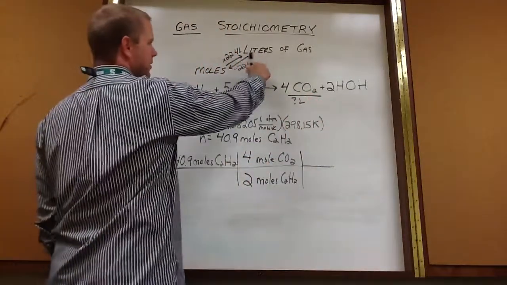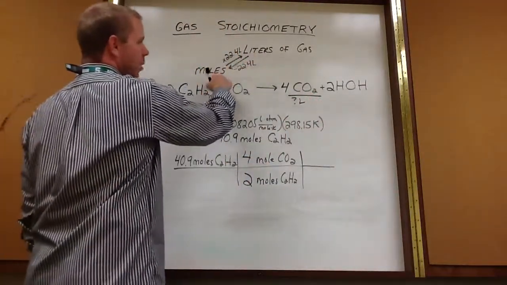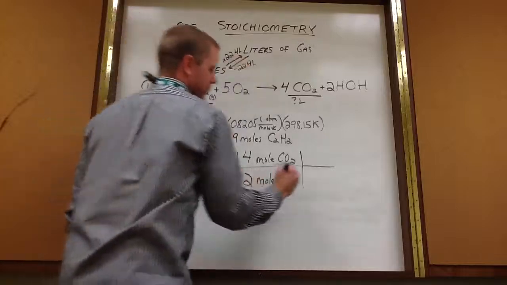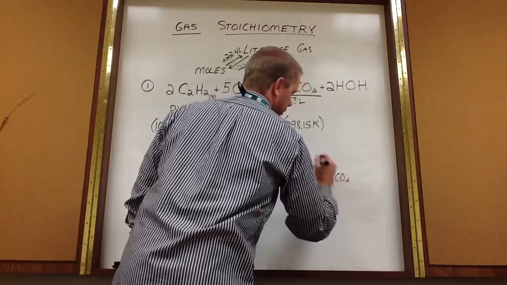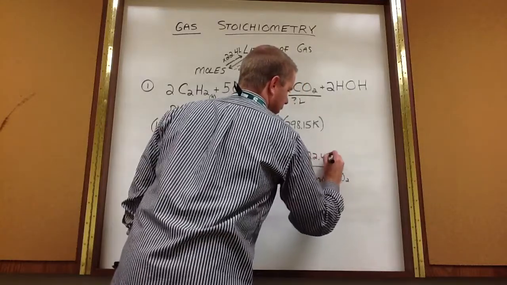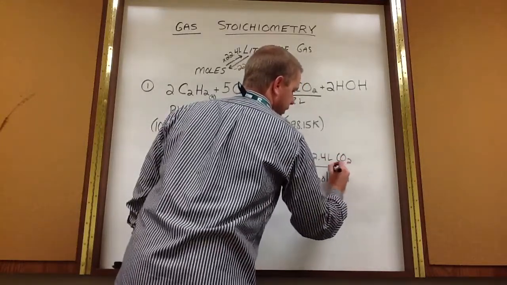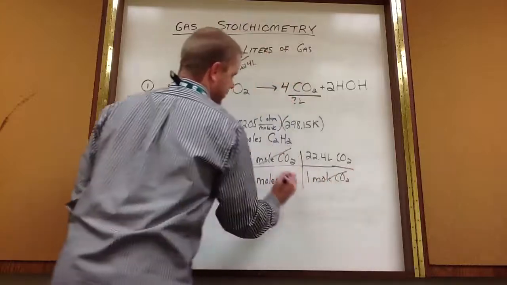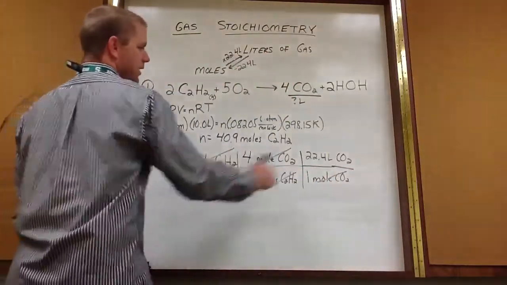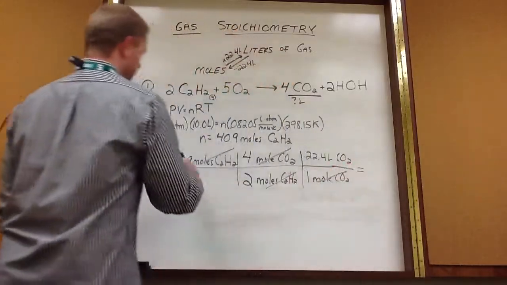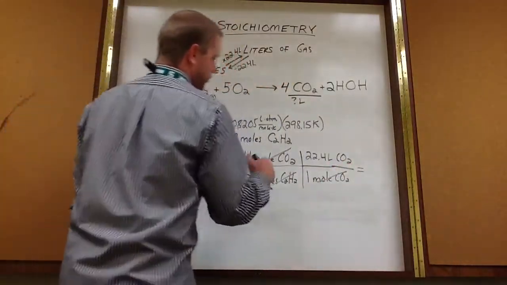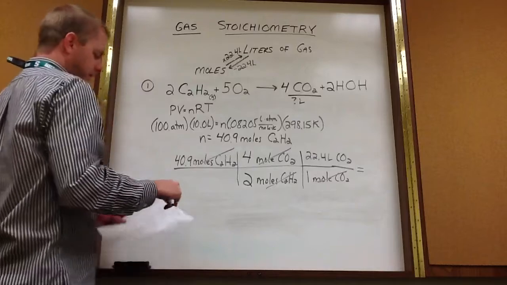So, the answer wants to know what it is in liters. Well, that's where this comes in. In 1 mole of any gas, there's 22.4 liters. Therefore, in 1 mole of CO2, 22.4 liters of CO2. Moles cancels moles, moles cancels moles, leaving us liters of CO2, that's what we want. You start with 3 significant figures. When we do stoichiometry problems, we always end with what we started.